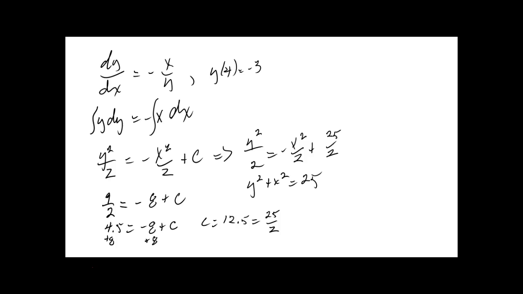Or at least half of a circle, and it would be the bottom half, because when x is 4, y is minus 3, that puts you down here. So here's the half circle that you're on.